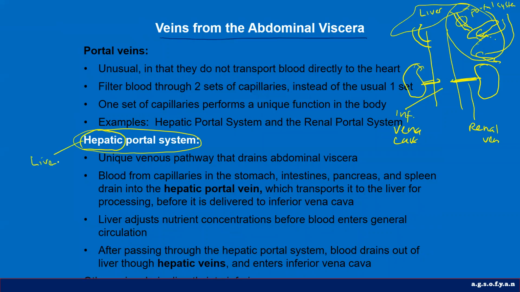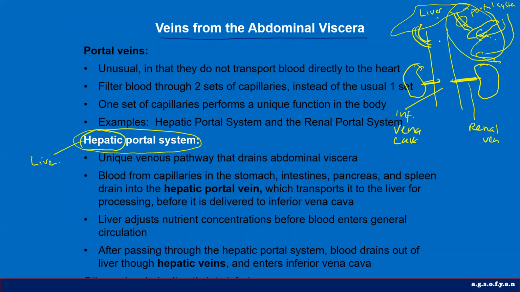Hepatic means liver. So this is the portal system that carries blood from digestive organs to the liver. And then from the liver, this blood carried from the GI tract will be filtered by the liver. So the liver will remove or detoxify any bad substances before returning it back to the inferior vena cava.